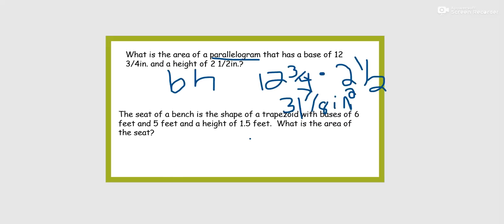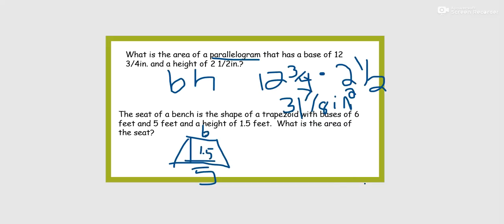Our next one, we're talking about a shape of a trapezoid. So our trapezoid, with the bases of 6 and 5 feet, and we have a height of 1.5, 1 5/10.